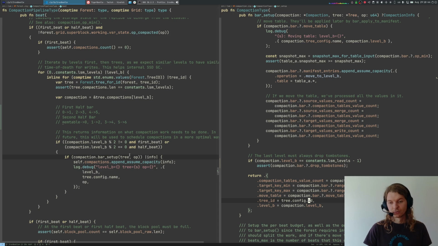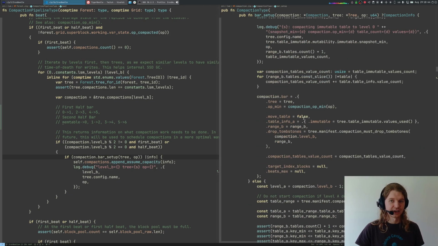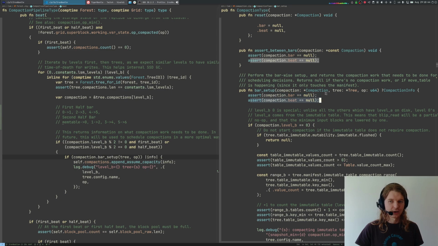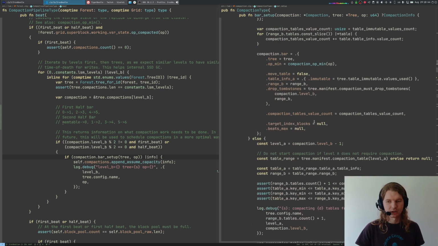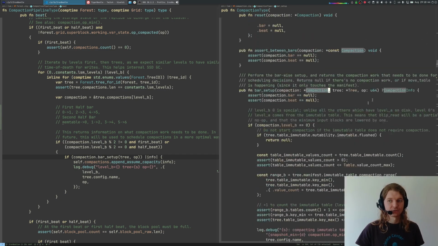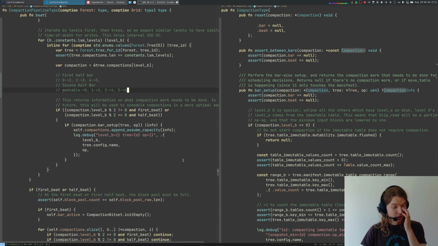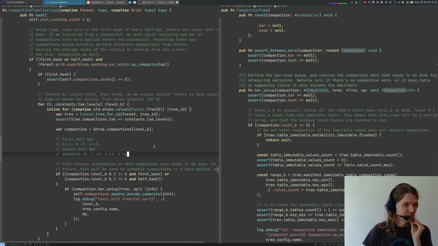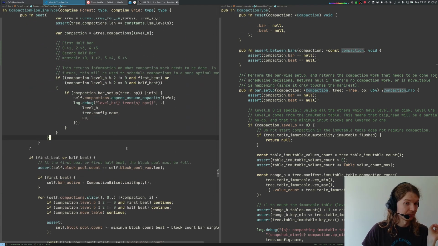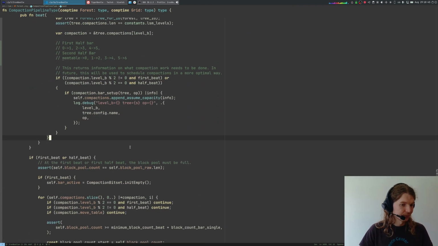Well, it's just tree ID. But the important thing here is that here we are type specific, we are tree specific, we are compaction, but the resulting compaction info doesn't actually depend on the tree, which is good. Okay, so we've done setup. That is great.